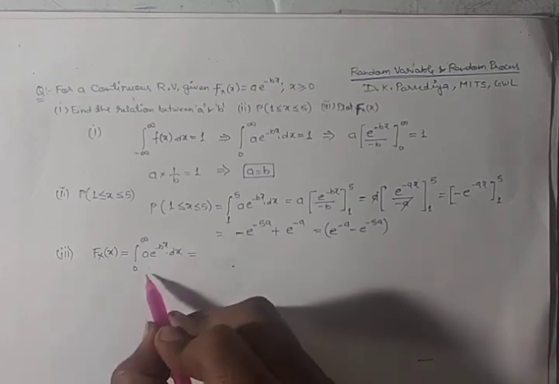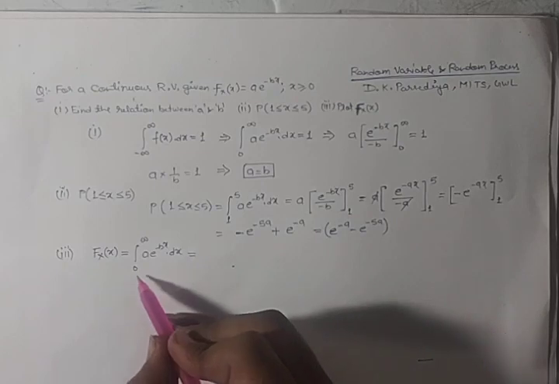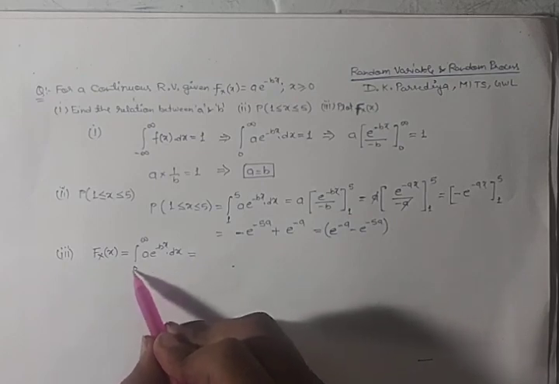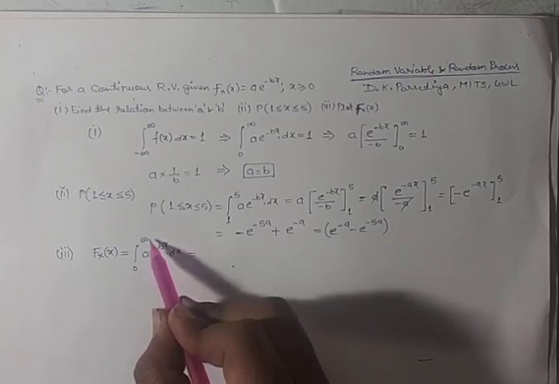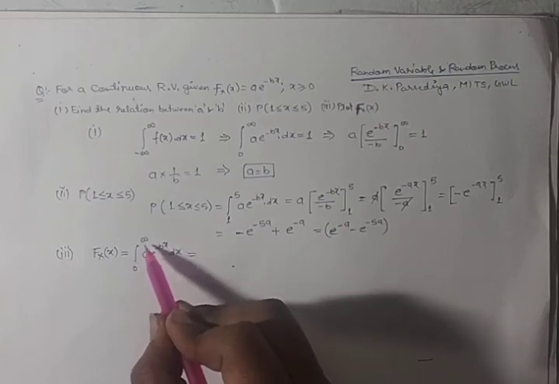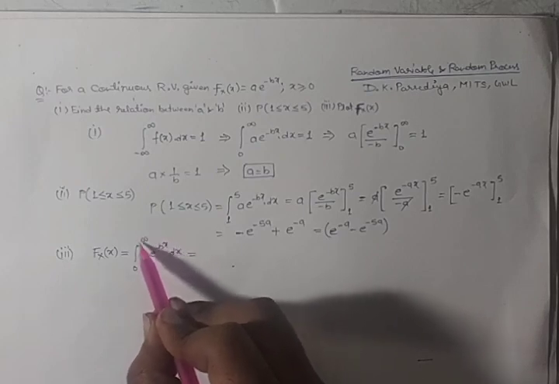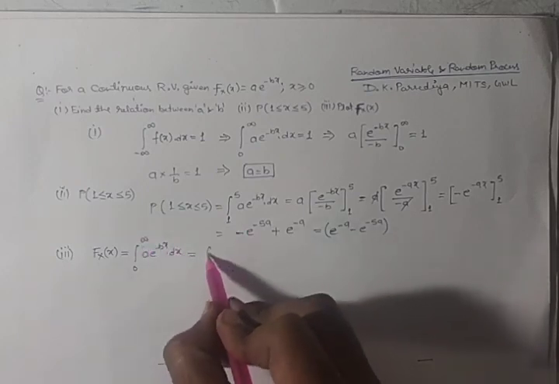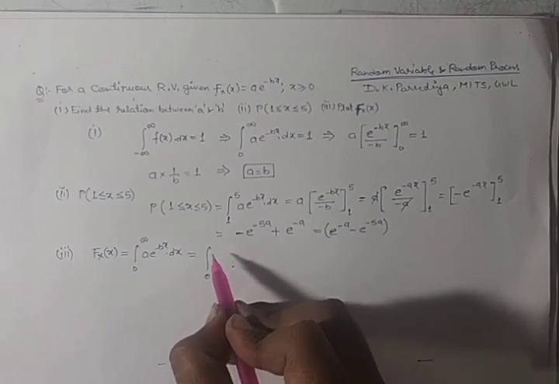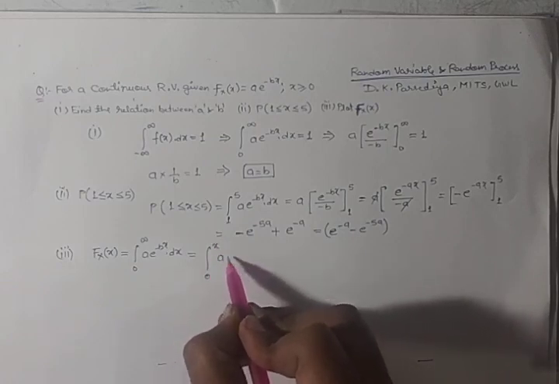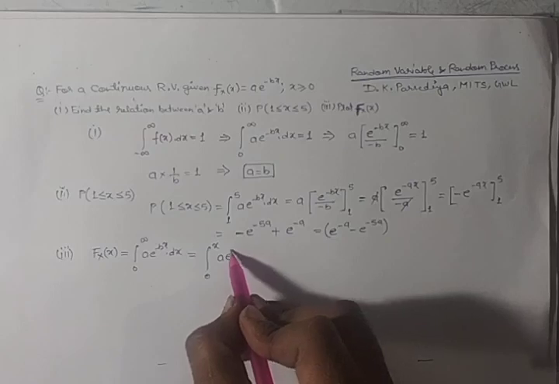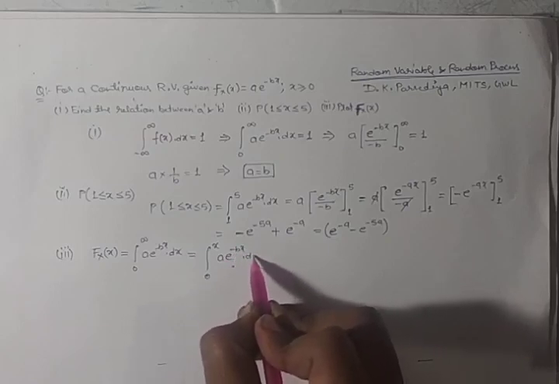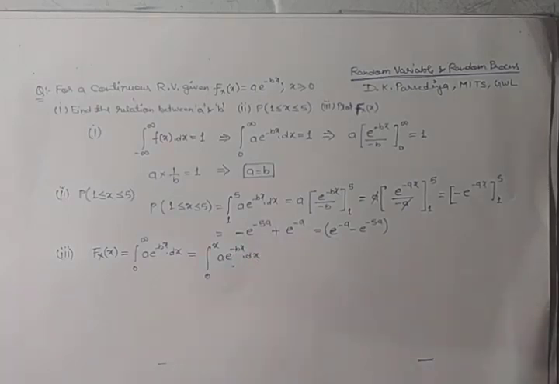So when we perform the integration, for plotting I assume 0 as the lower limit or the lower range on the x-axis, and I assume small x is the upper range of x, or we can say we replace this infinity by the term small x. So our integration will be 0 to small x of a e to the power minus bx dx.